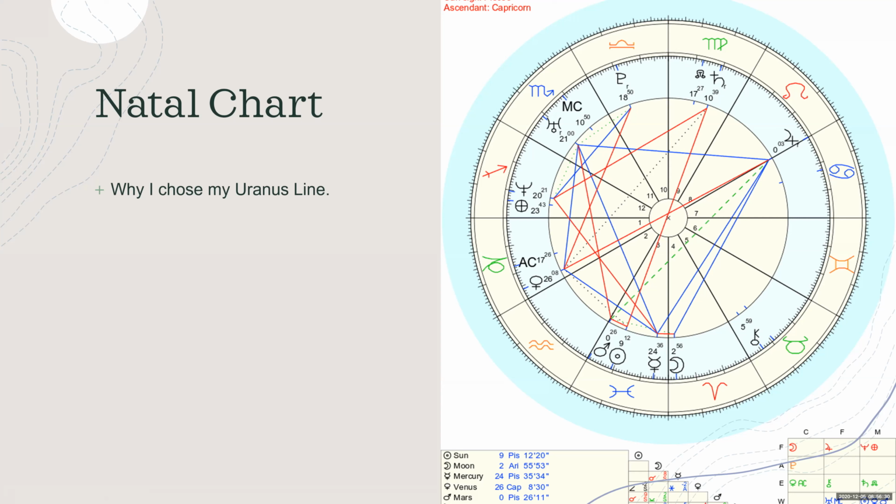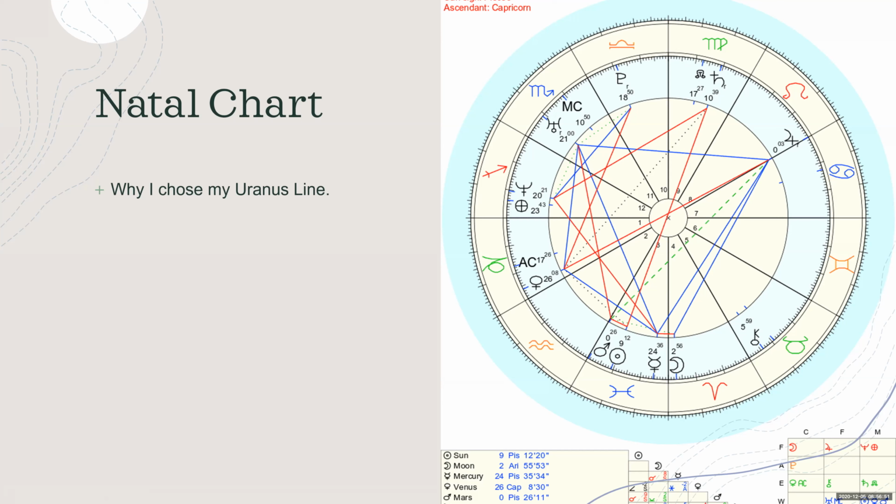My closest Jupiter line runs off of the coast of the US, and then it picks back up in Europe and in Africa. So that's why I didn't choose to live on my Jupiter line right now. It's actually one of my long-term goals to get there. But this is a journey, and I feel like this was definitely the next step in my journey from where I was before. So anyways, I chose my Uranus line for a couple of reasons.